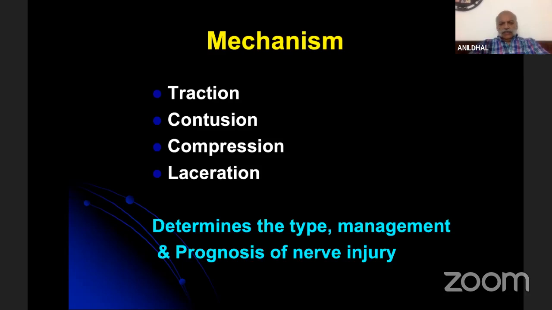Contusion is a blunt force creating a nerve injury, typically seen in a closed fracture of the shaft of the humerus, which on deflection of the fractured fragments can hit the neighboring radial nerve, and it can cause an injury. But these injuries are typically recovering type of lesions. Given a sufficient period of time, spontaneous recovery is known to occur.